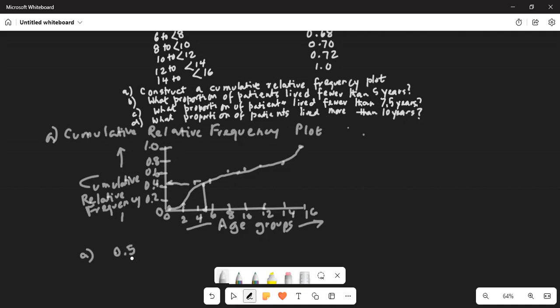Okay. Then what proportion lived fewer than 7.5? So 7.5 is over here. You go to the cumulative relative frequency and then you go off the vertical axis and you draw. Let me erase that and draw it again nicely.